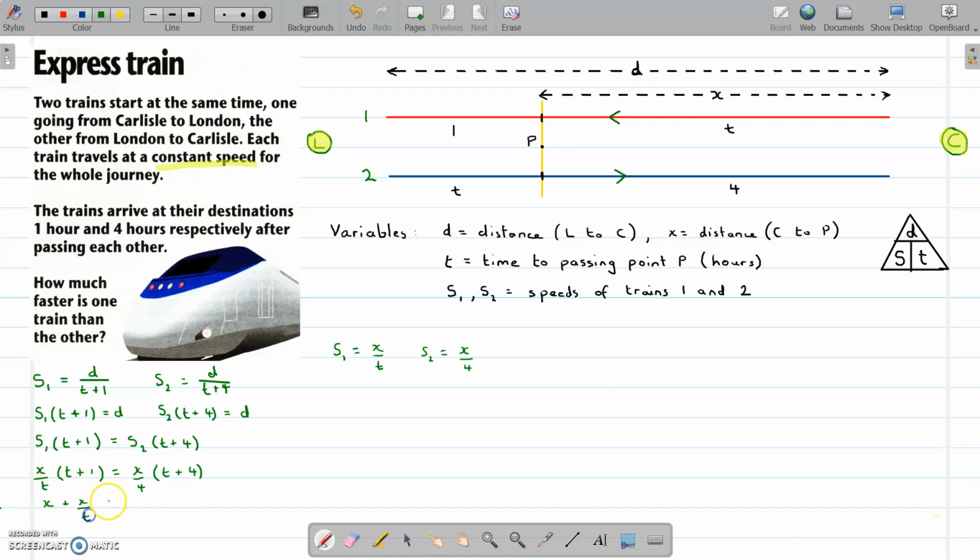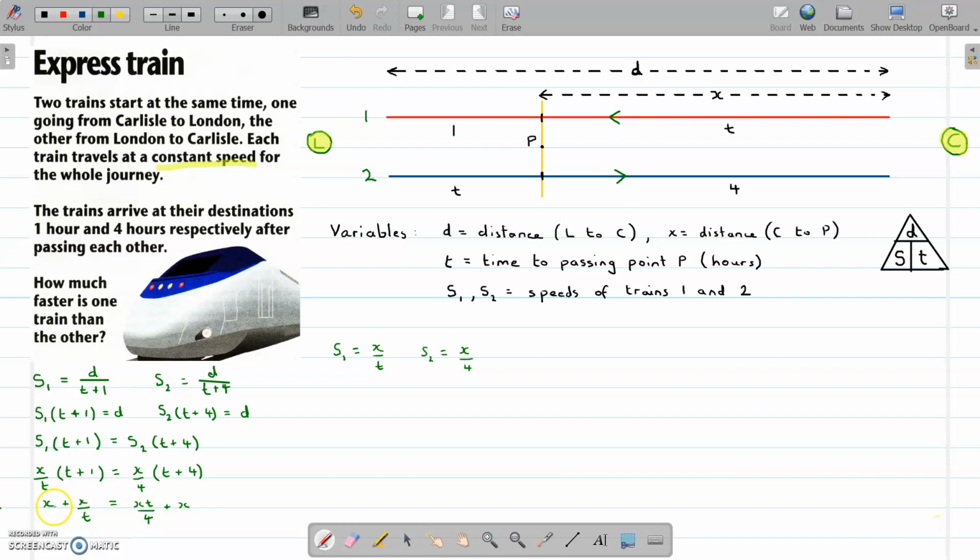On this side I'm timesing x over 4 by t, which is xt over 4, and for the last term in this bracket I've got x over 4 times 4, which is just x, because the 4's cancel.